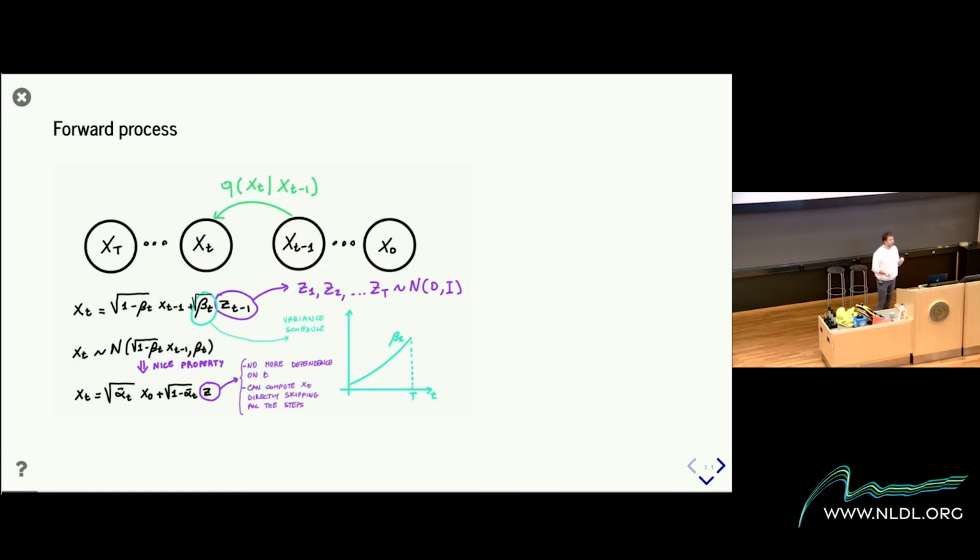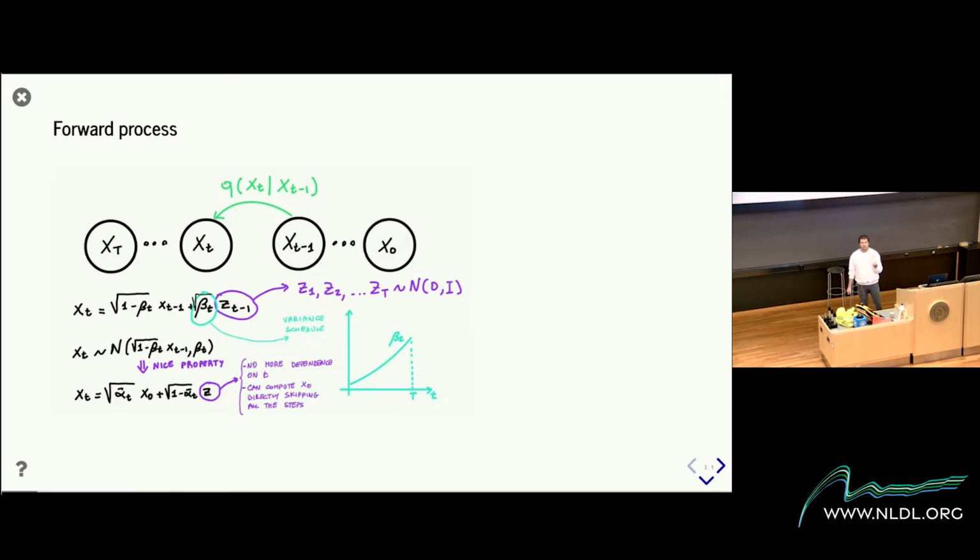We start from the forward process, the one that transforms an image into pure noise by gradually adding some noise to it. The formula that we use to generate the next step in the chain is this first one. So x_t is a function of x_{t-1} multiplied by this coefficient, the square root of 1 minus beta_t, which we will comment on in a bit, plus another coefficient, the square root of beta_t, which multiplies this z_{t-1}.